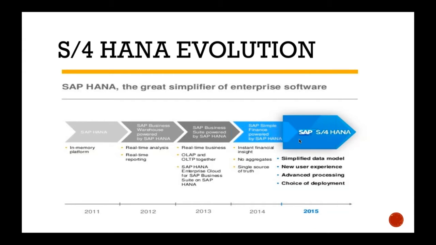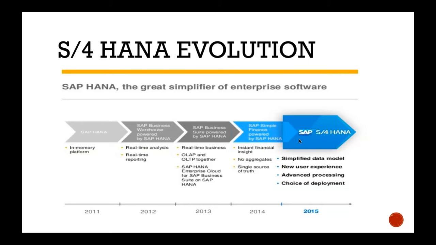What is new in Simple Finance? You can see instant financial insight, which means you will be getting the reports in real time, no aggregates. We discussed yesterday that the repetition of data will not be there. Single source of truth: just now we understood that the ACDOCA table is available even in Simple Finance also.